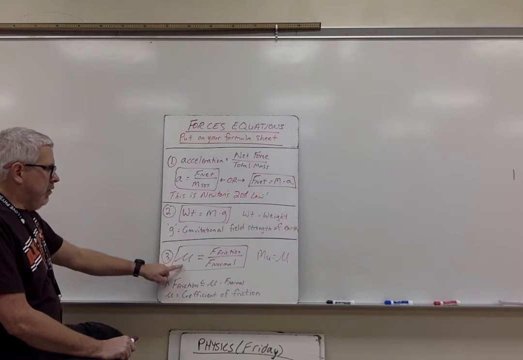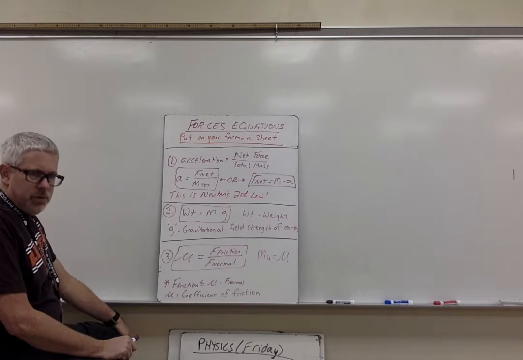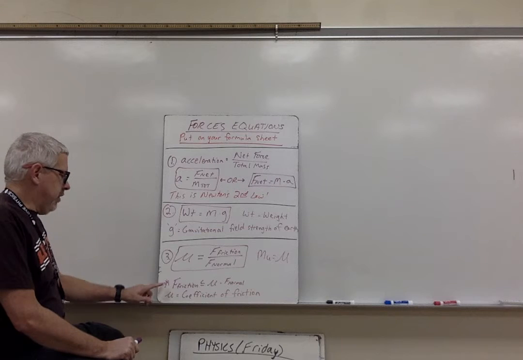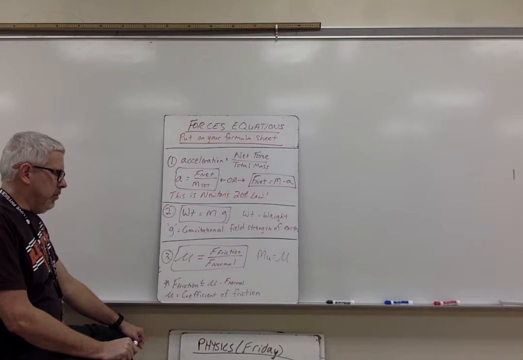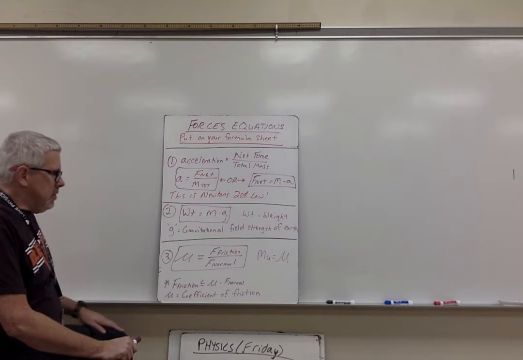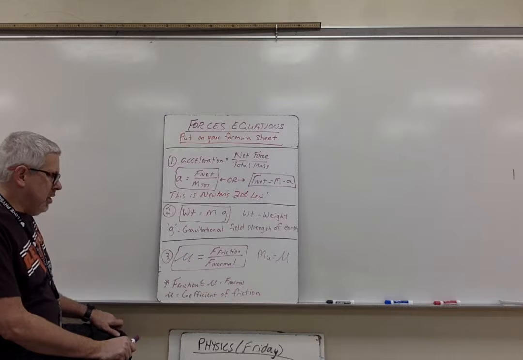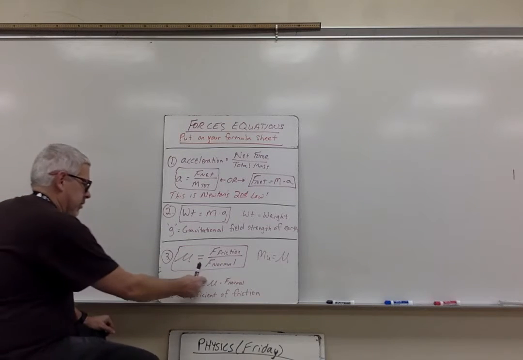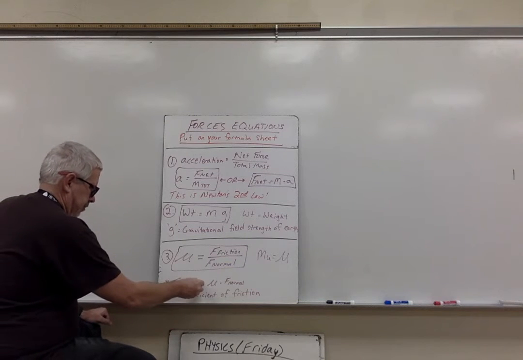Generally, we think of the coefficient of friction as being equal to these two. That is true for kinetic friction, which is when things are sliding past each other. For static friction, that coefficient is actually somewhat variable. So the maximum is the coefficient of static friction times the normal force, and I always forget whether that's less than or equal to, so we're just going to put that down as being equal at this point.